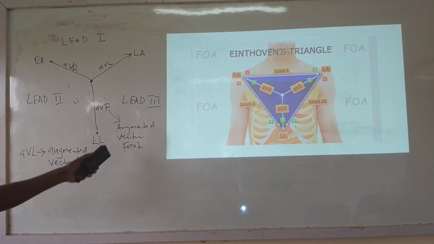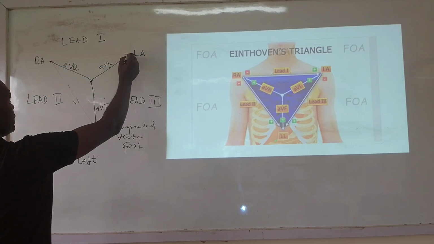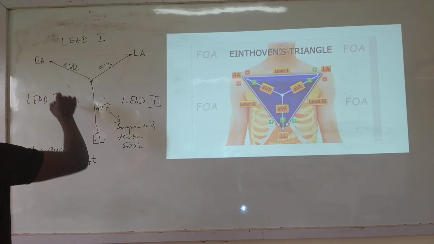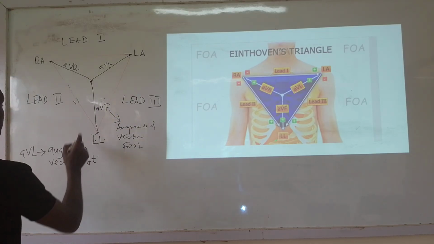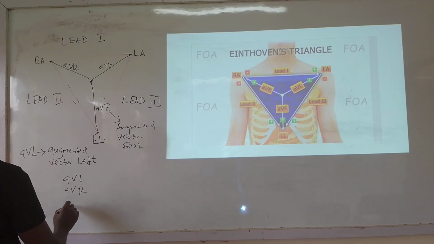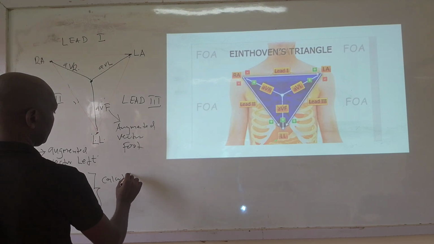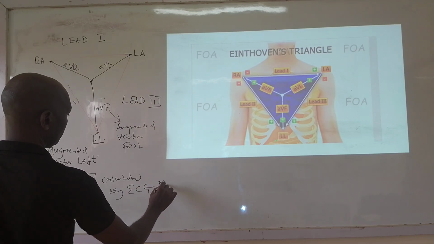So how do we get these leads? You get a positive lead from that point, then you get the average. These ones are usually calculated by the ECG. These three, that is the AVL, AVR, and AVF. These ones are usually calculated by the ECG machine.